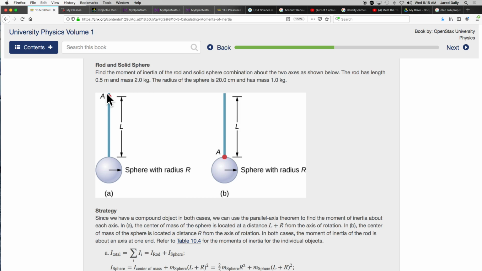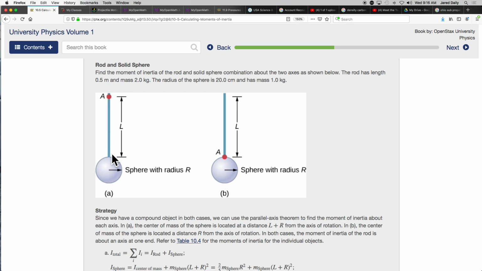If it is, then probably you could use a formula if it's going through the center of mass of the object or rotating around the edge of the object, on the surface of the object. Because most of the formulas are like that. However, if it's not on the center or the edge, if it's somewhere in between, or if it's outside the object, then you might have to use the parallel axis theorem to figure out what your moment of inertia is going to be.